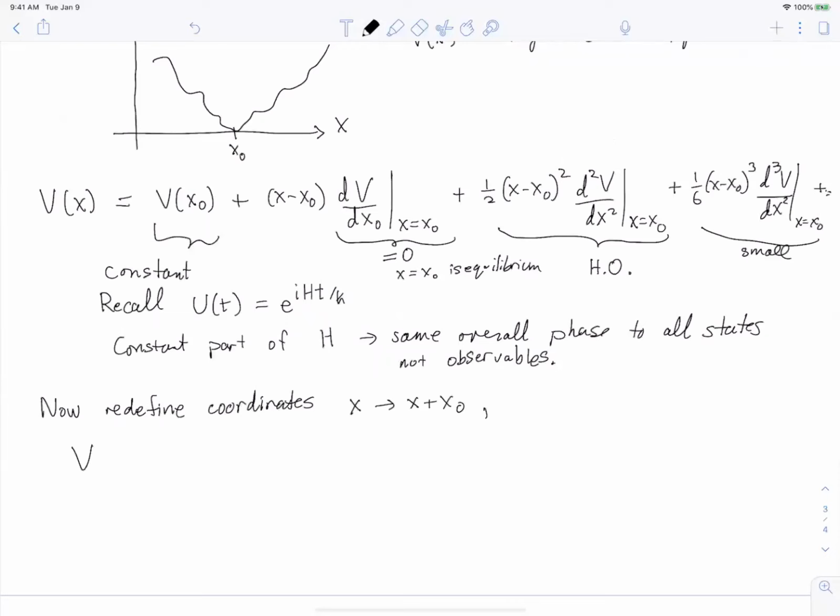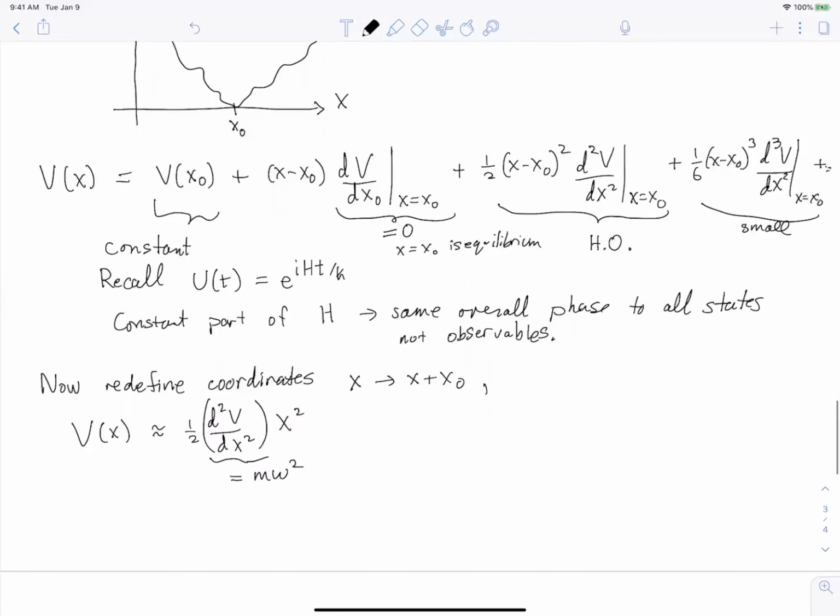Then our potential, ignoring all the terms we said to ignore, is just approximately 1/2 the second derivative of the potential at that point times x squared. But this is just some number, and so we define this to be m omega squared. That's just really defining what omega is for the system.